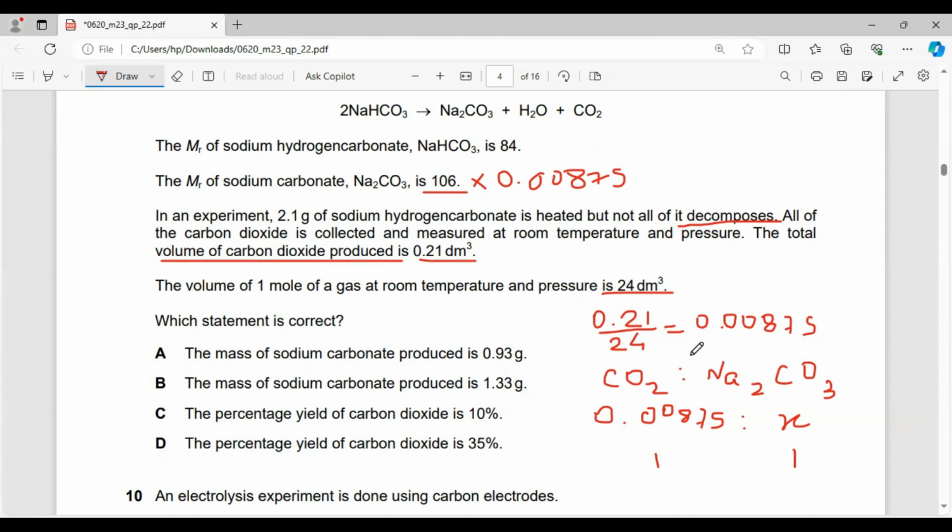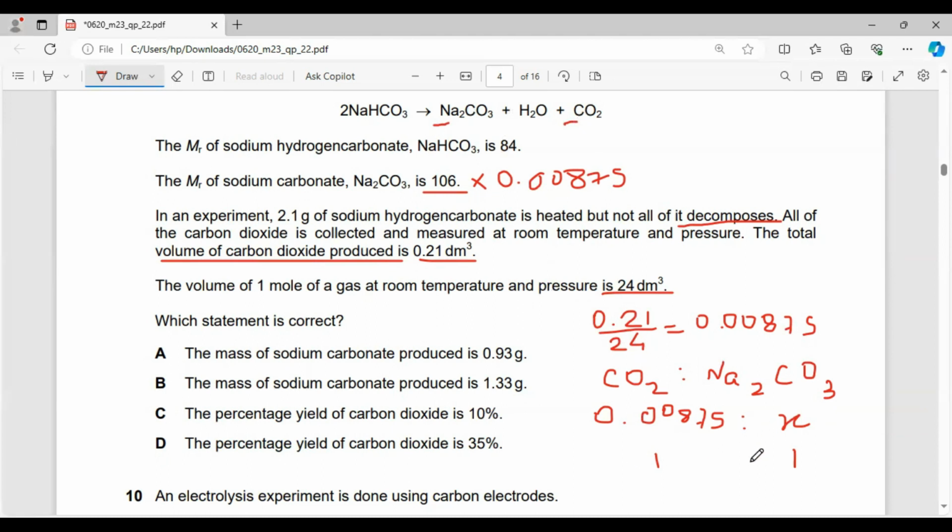Now we will take a ratio of CO2 to Na2CO3. We have the moles of carbon dioxide and we have to find the moles of Na2CO3. The ratio is 1:1 as there is no number written in front of Na2CO3 and CO2, so we will consider 1.